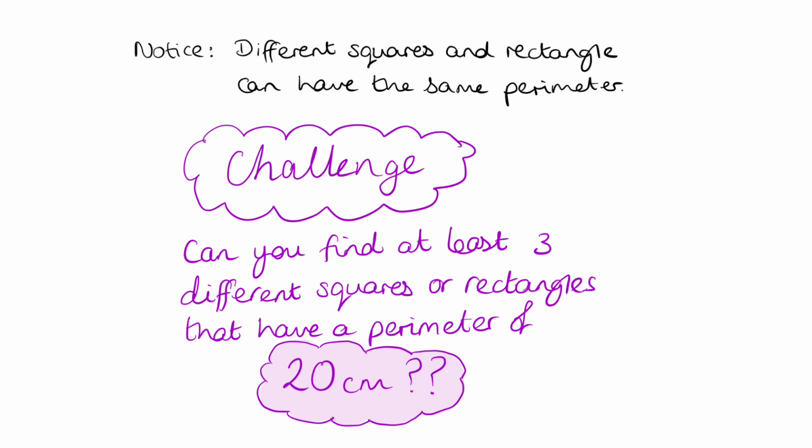So as we saw before, different squares and rectangles can have the same perimeter. Oops, just seen that hasn't got an S on it. So I want you to do a challenge for me, please. Can you find at least 3 different squares or rectangles that have a perimeter of 20 centimetres?